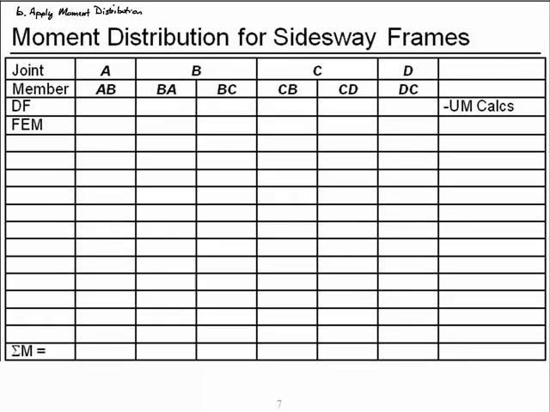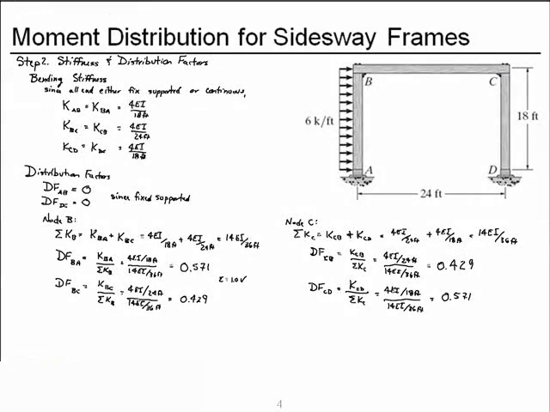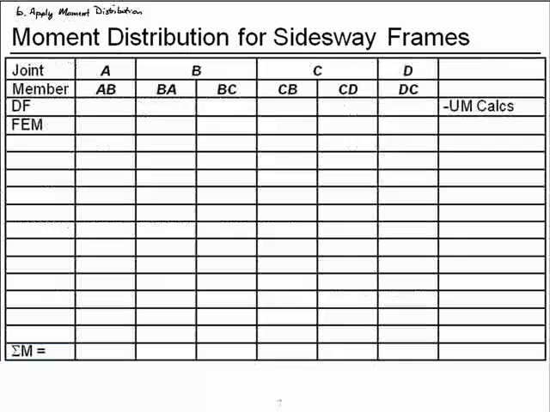For joint A, we saw the distribution factor would be 0 because it's a fixed support, which means it's true at D as well. For BA and BC, we have these distribution factors. And for CB and CD, we have those same distribution factors reversed.